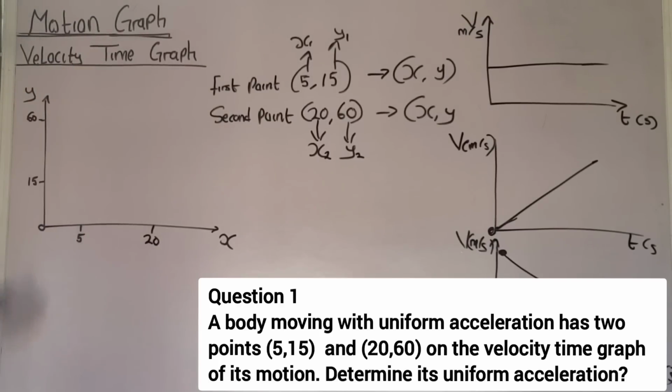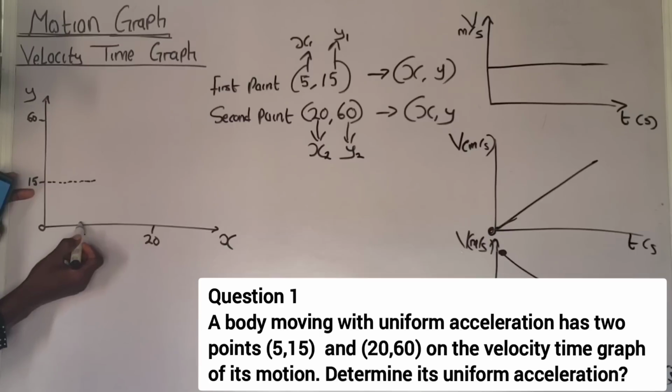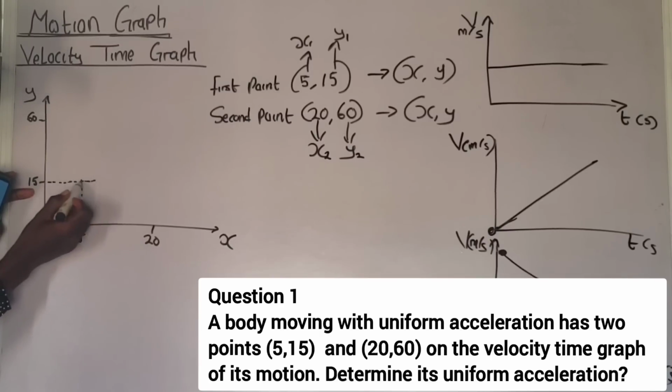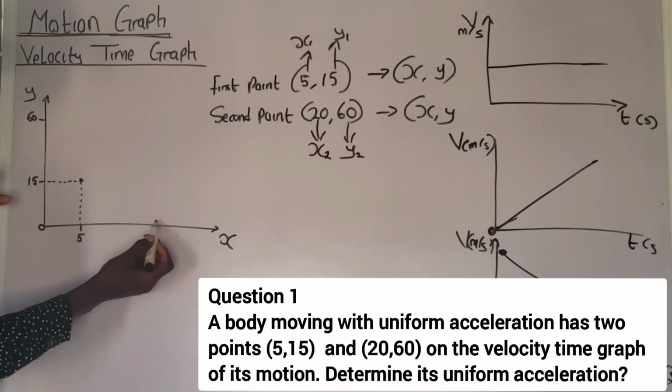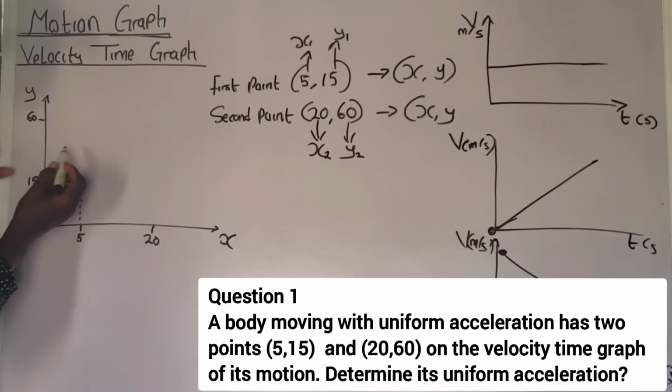Now let us look. When x1 is 5, the value of y1 is 15, so let us trace it. Let us trace this also. They meet at this place, so let us draw the point. For the second point, x2 is 20 and y2 is 60.